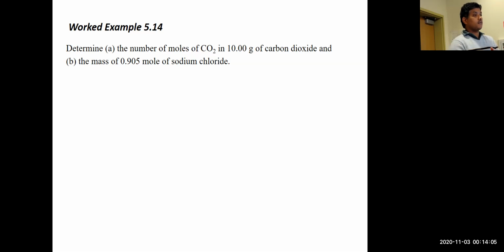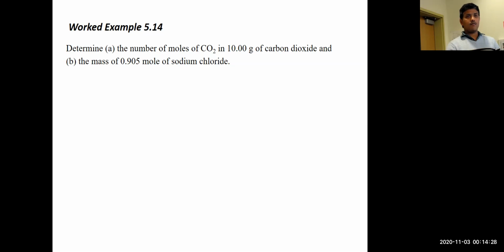Let's see. The question is asking us to determine the number of moles of CO2 in 10 grams of carbon dioxide. Okay. So it gave you the mass of CO2, but it is asking you to identify moles. Mass to moles is a one-step conversion, like we saw in the previous chart.